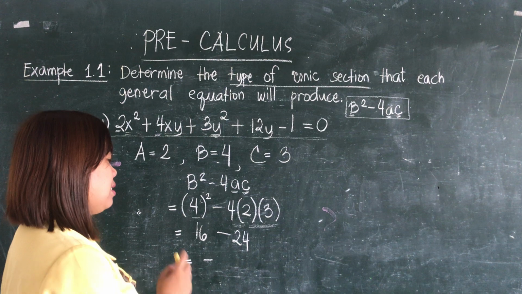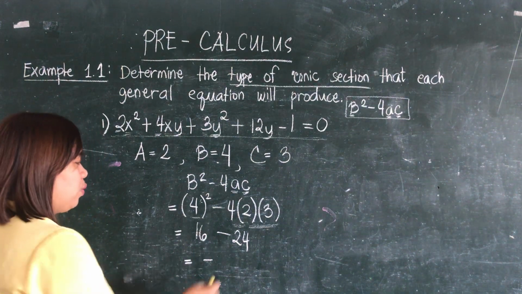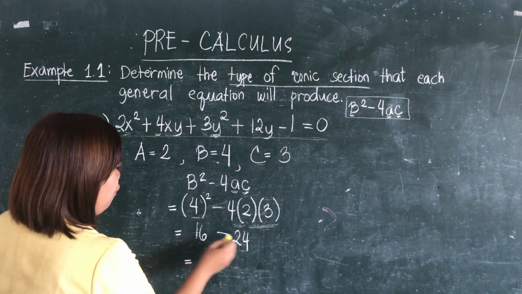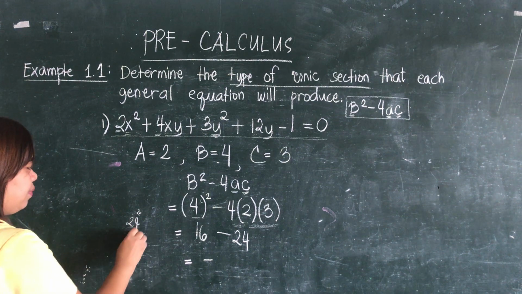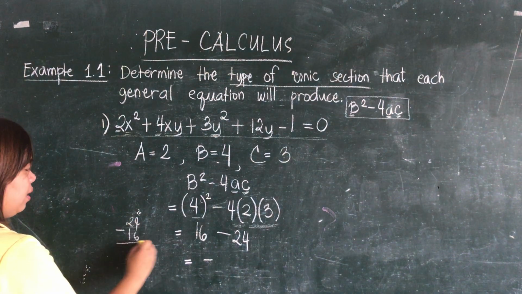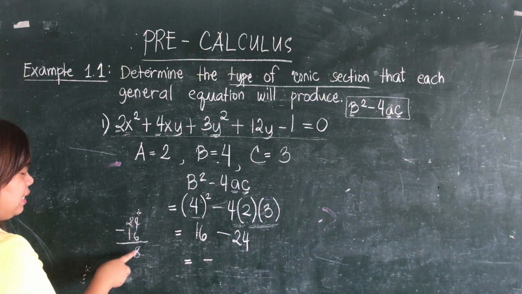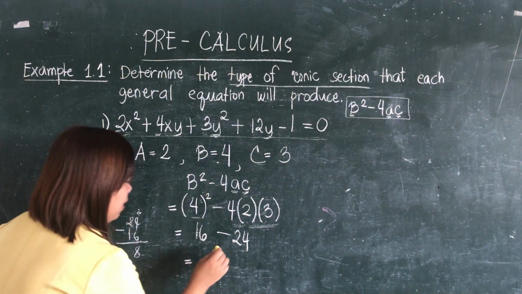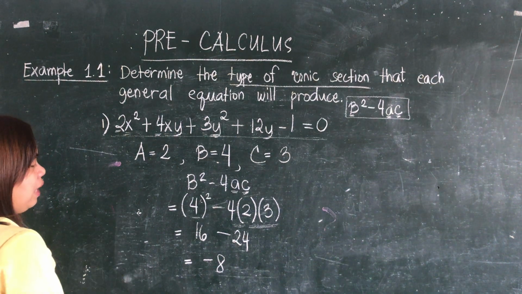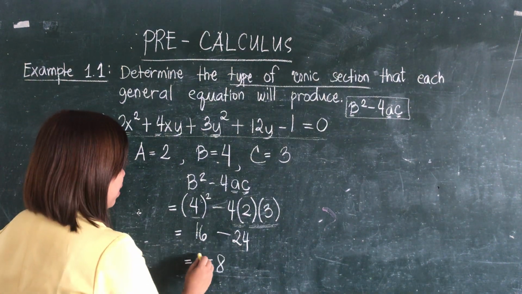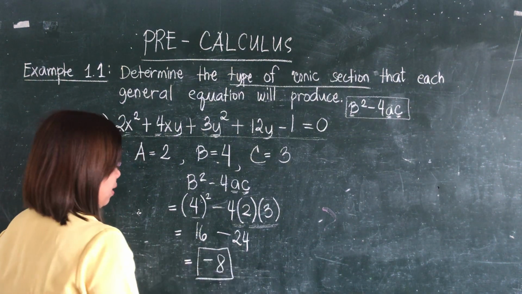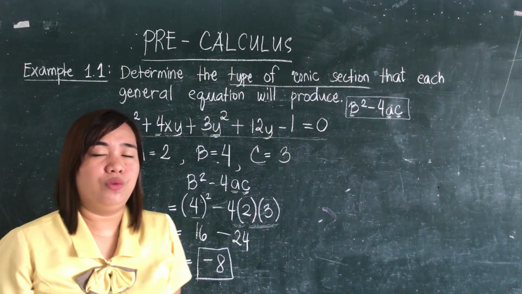We are subtracting since we have opposite signs. So we have 24 minus 16, that is 8. So 24 minus 16 is negative 8. So the value now of our 16 minus 24 is negative 8.